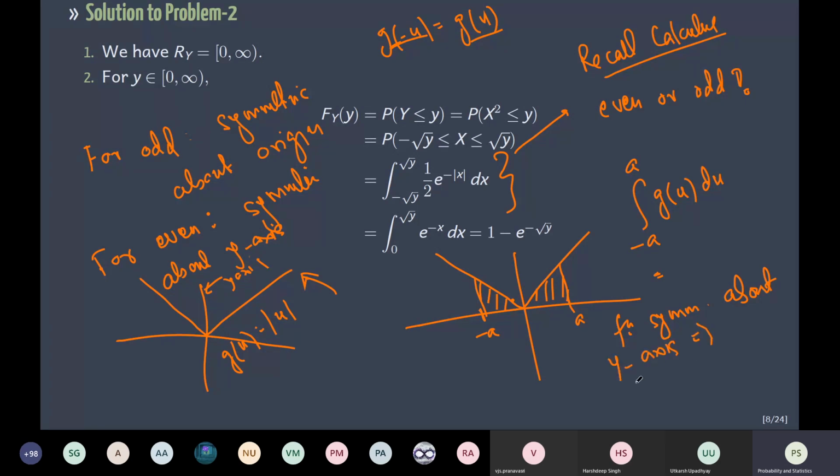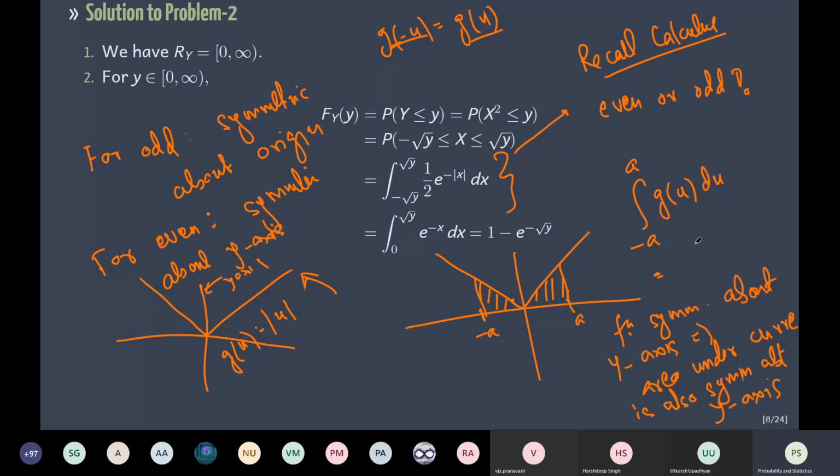This implies the area is also symmetric about the y-axis. The area under the curve, in this case the mod x curve, is also symmetric about the y-axis. Okay, so this is symmetric in the sense that it's the same.